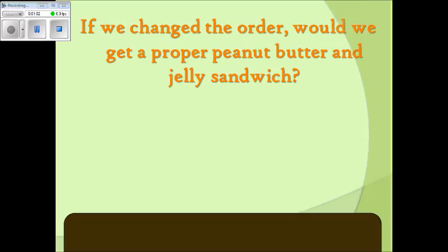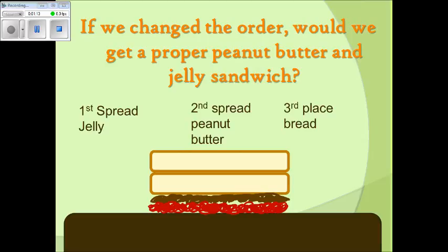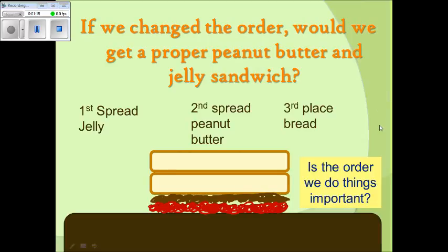If we change the order, would we really get a good peanut butter and jelly sandwich? I don't think so. I've just created a mess on my counter. So, is the order we do things really important? I'll let you answer that for yourself.